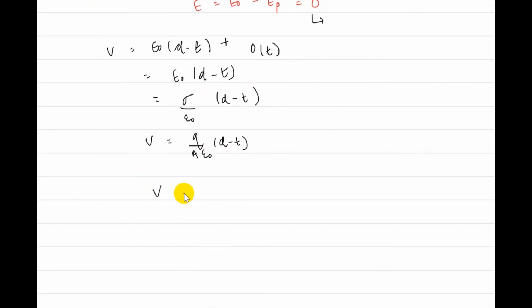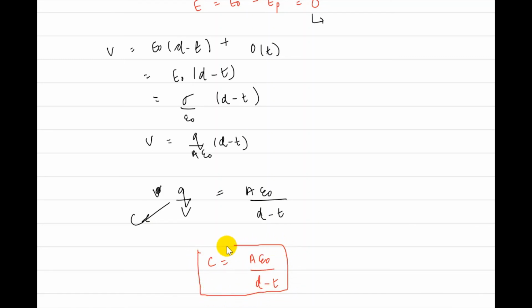We now take V there, so we get Q by V is equal to A epsilon naught by (D minus T), and this is capacitance. So we get C is equal to A epsilon naught by (D minus T) when we introduce a metal slab.